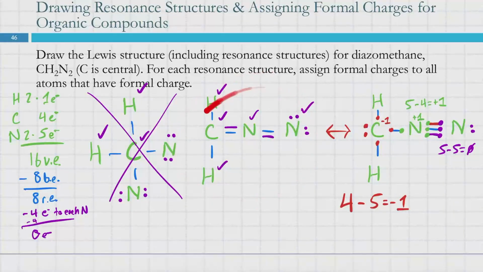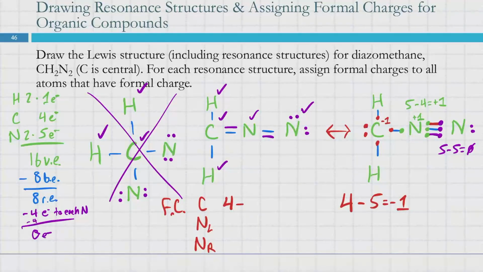Okay, and then for the one on the left, we also have to do formal charge counts. And we'll use the math approach to do this, the formula version. So formal charge for carbon, for nitrogen on the left, for nitrogen on the right. Carbon would like to have 4 because that's its number of valence electrons.